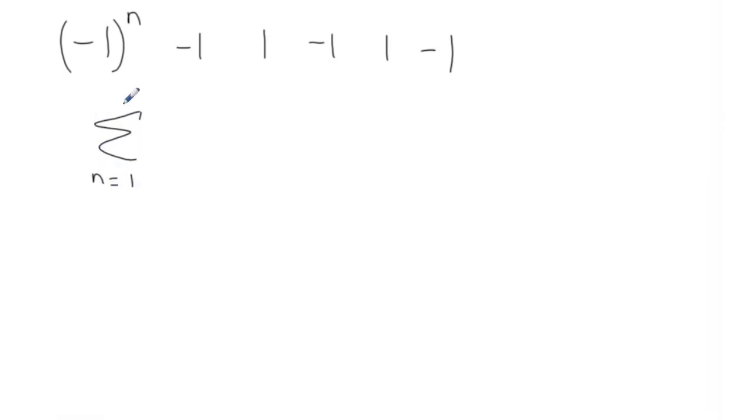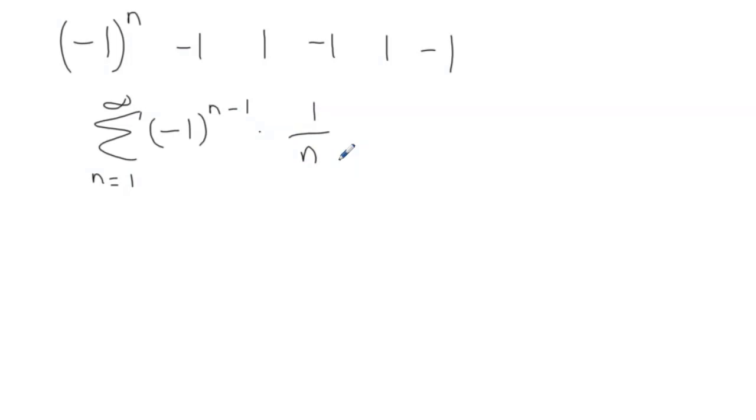So let's write that down. We have the series from n equals 1 to infinity of minus 1 to the power n minus 1 times 1 over n. Now, this is kind of like an alternating harmonic series.